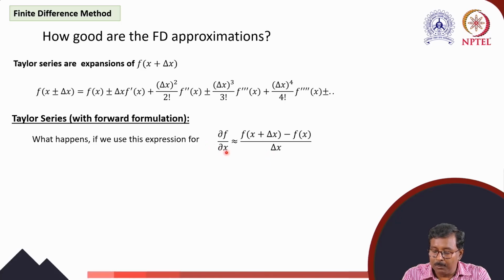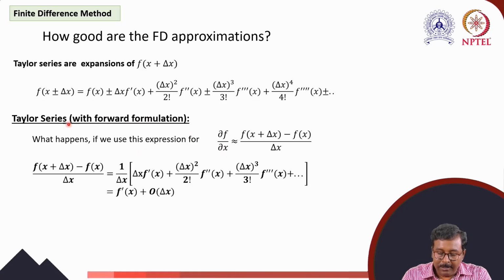If we put the Taylor series value here, f of x plus delta x minus f of x by delta x will be, in the expansion, 1 by delta x into delta x f dash x plus delta x whole square by 2 factorial f double dash x, and so on. And here we have neglected the higher order terms after the second term.